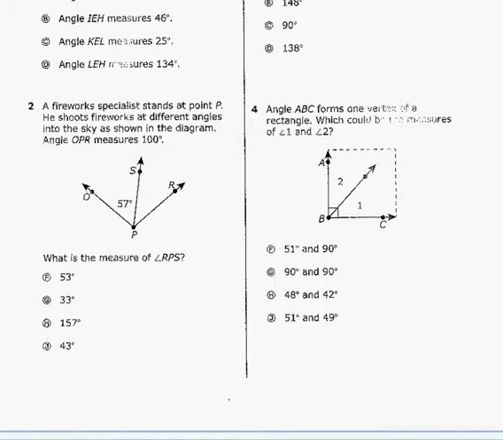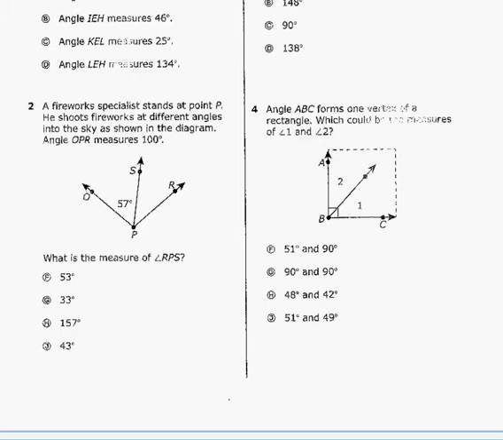Okay. Question number 2. A fireworks specialist stands at point P. He shoots fireworks at different angles into the sky as shown in the diagram.